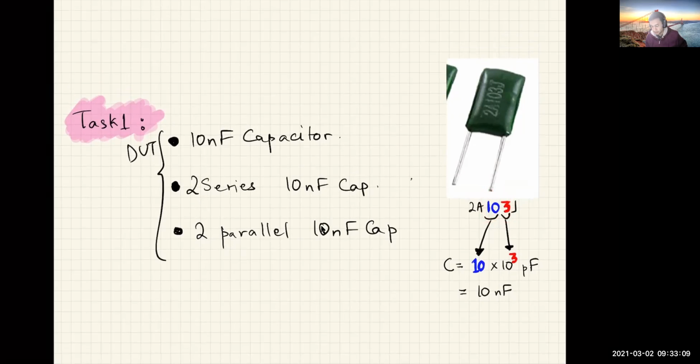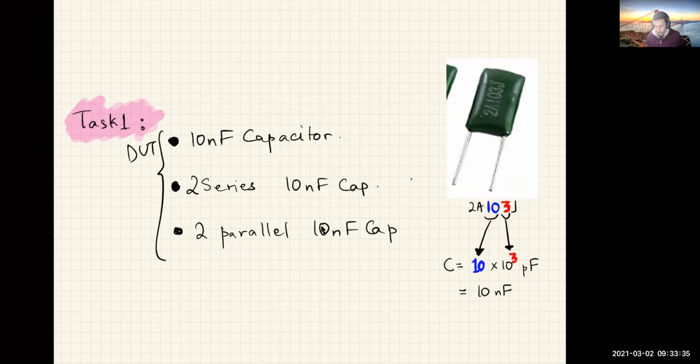Similar to reading resistances, the first two digits give you the first two digits of the capacitance, whereas the third number gives you the multiplier. So 103 becomes 10 times 10 to the power 3 picofarads. That's 10,000 picofarads, which is equal to 10 nanofarads.